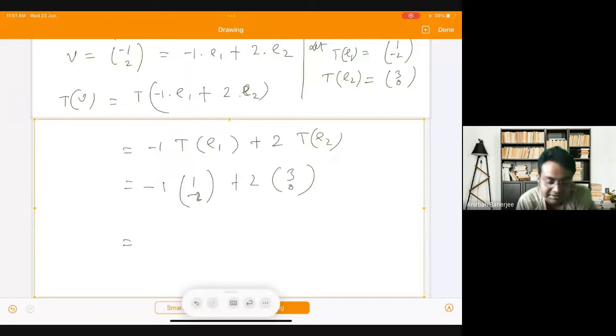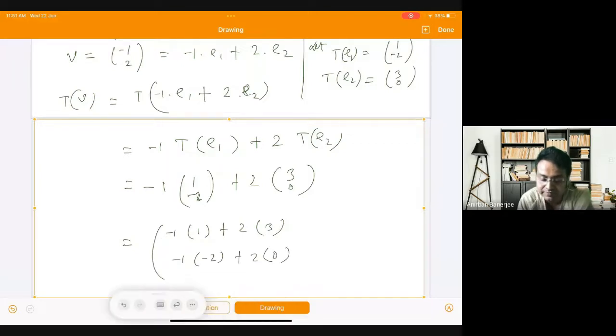So this means we can write down -1 into 1 plus 2 into 3, and -1 into -2 plus 2 into 0.